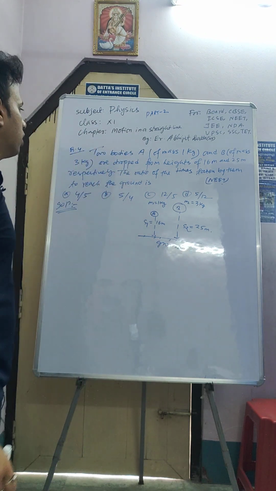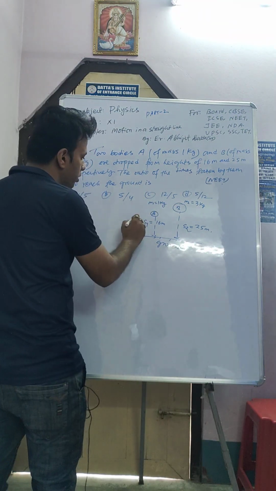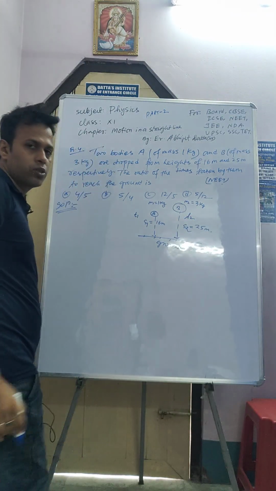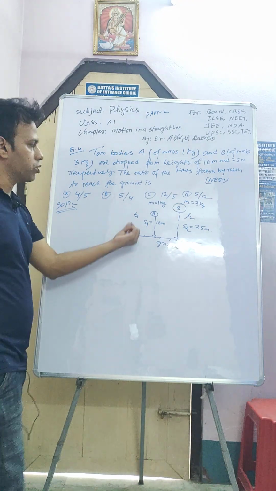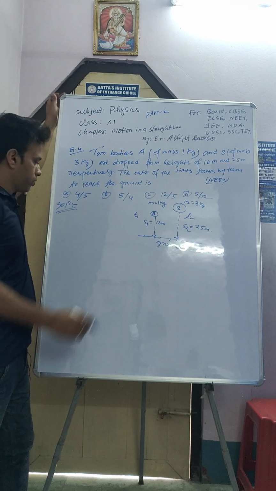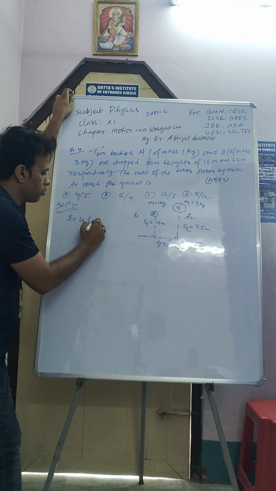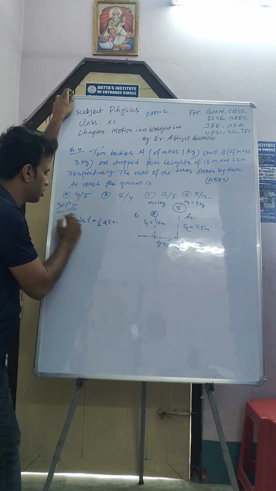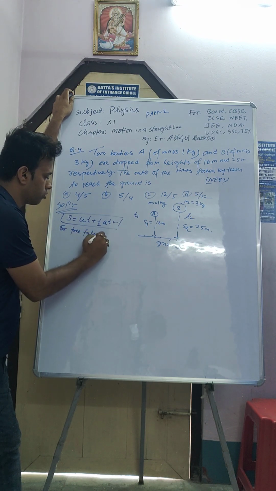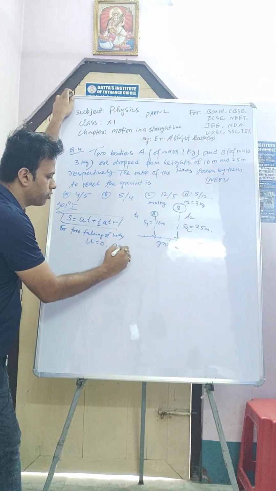Now the ratio of the time taken by them to reach the ground. Suppose this body takes t1 time to reach the ground, and B takes t2 time. We have to find the ratio t1 to t2. Which formula should I use here? We use the second equation, S equals ut plus half at square. For a freely falling body, u equals 0 and a becomes g.